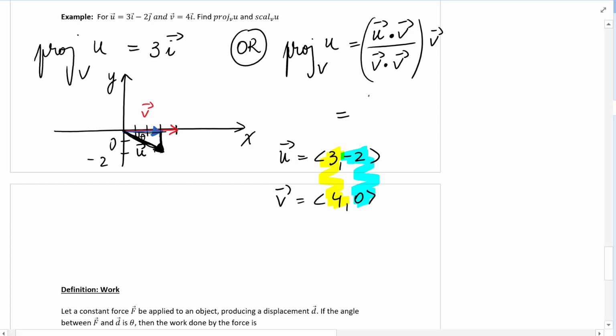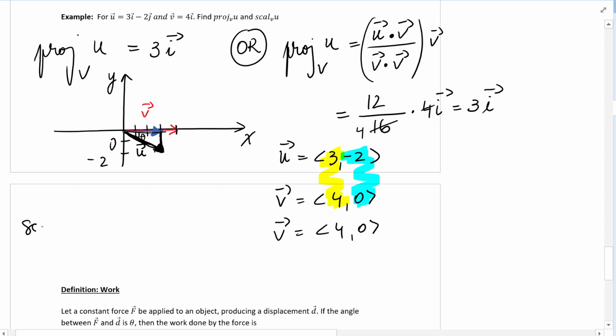So we get 12 over v dot v, which is multiplying v with itself, so that's 16, times the vector v, which is 4i. This cancels with this one, we get 12 over 4, so we get 3i, exactly what we got before.